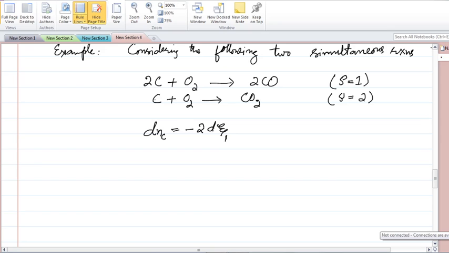In reaction 2, this is also on the reactant side, so it is also consumed, so we will write minus d zeta 2.